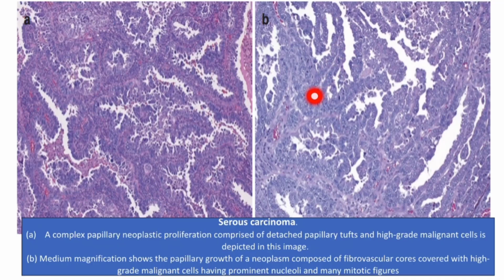So the fibrovascular core is the characteristic papillary feature, with malignant cells having high NC ratio, pleomorphism, and you can appreciate at some places prominent macronucleoli. Now architectural diversity is generally seen because this is not purely papillary.